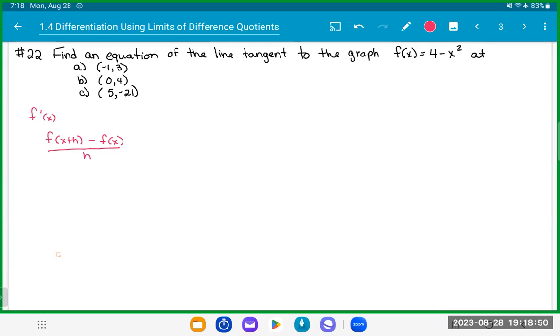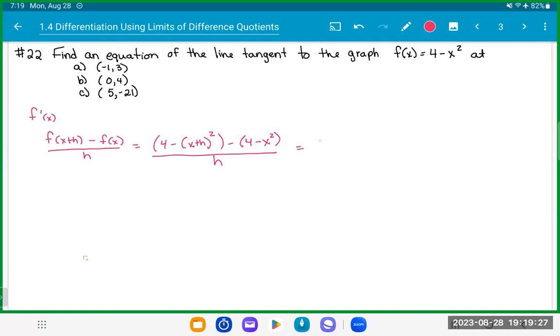So first, we need to substitute x plus h into our equation. We have 4 minus x squared, so 4 minus x plus h squared, minus 4 minus x squared, divided by h.